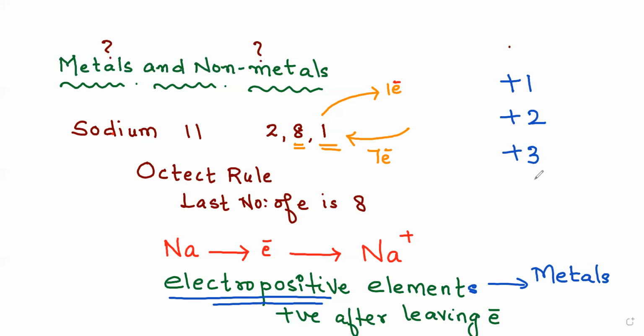Now let's see what the chlorine family will do. We will take chlorine, and we know that the atomic number of chlorine is 17. According to the electronic configuration, it is 2, 8, 7. Again the problem comes. See, the last number is 7.